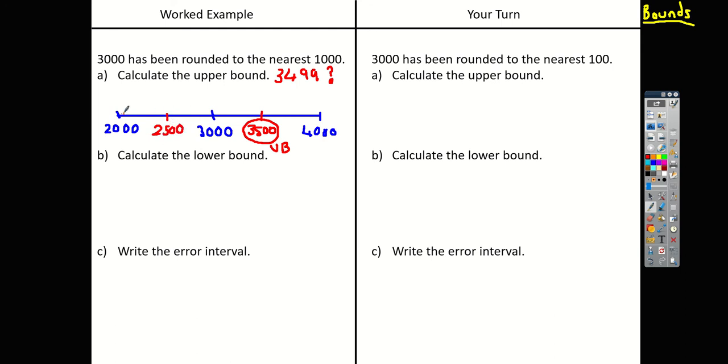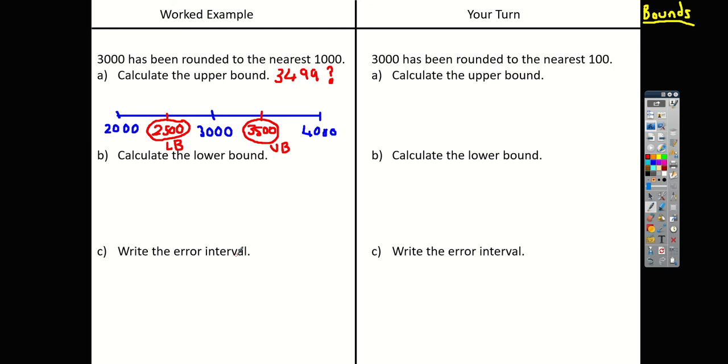If I'm to the left of this line, I'm going to be rounding down to the bottom end. If I'm to the right of this line, I'm going to be rounding into the middle at 3,000. And if I am 2,500, then that value rounds to 3,000 as well. So a little bit of a difference. It's still the lower bound, but this time I can actually be this value. So 3,500 is the answer to A, 2,500 is the answer to B.